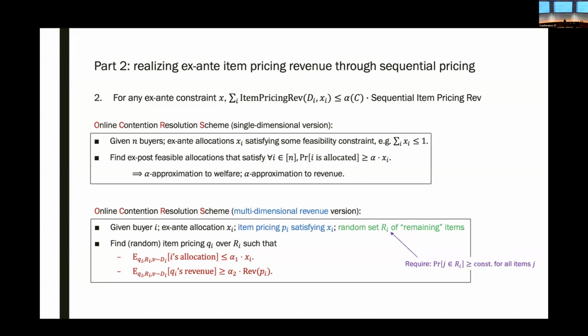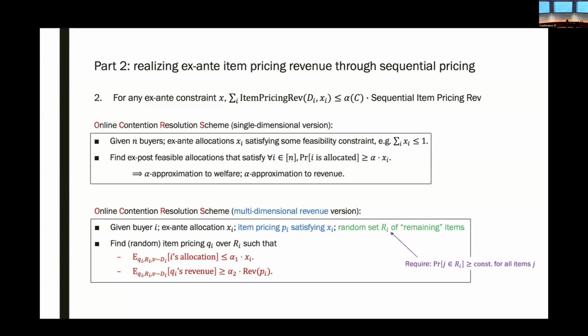When we go beyond those kinds of cross substitute valuations, we can show that when the buyer has sub-additive valuations, then we get an OCRS that is logarithmic in the number of items. And it turns out that this is almost tight even for XOS valuations. So there's a square root log m lower bound.